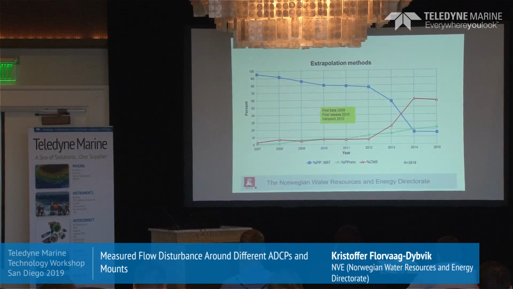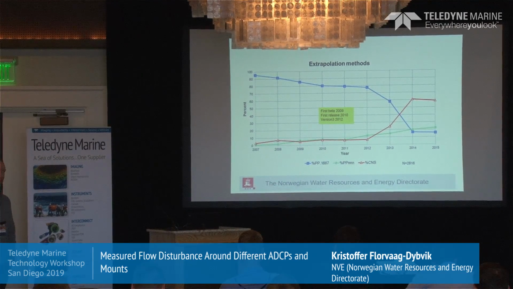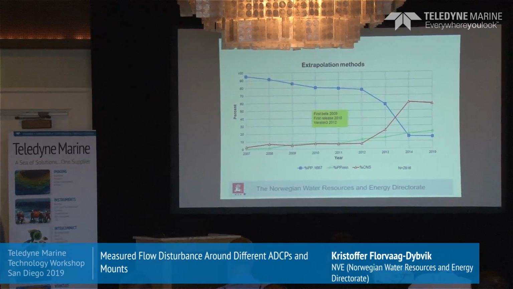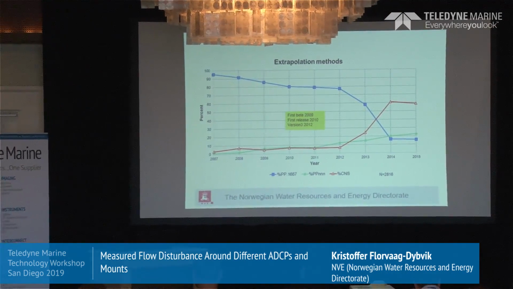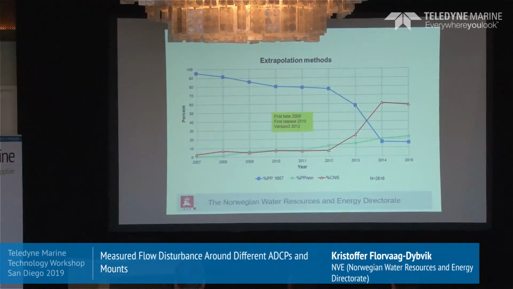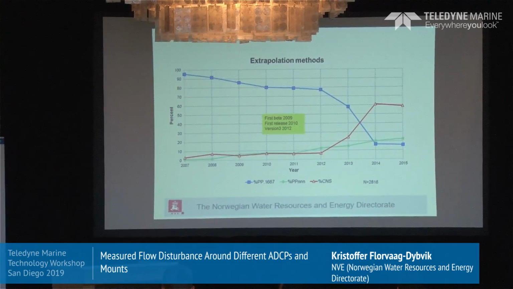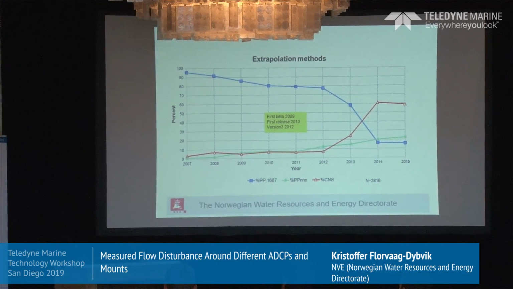This shows the methods used to extrapolate the data in our database since 2007 till 2015. The blue line, that's the default values in WinRiver. A power law set divided by depth raised to the power of 1/6. That's the default.